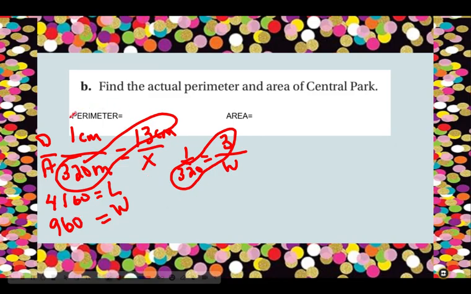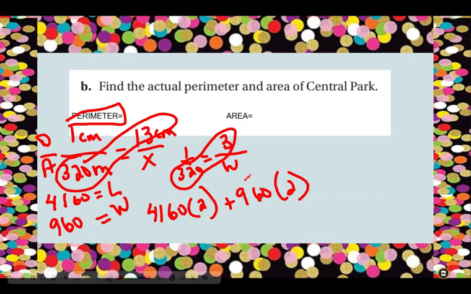Once again, to find the perimeter, we take 4,160 times 2 plus 960 times 2. That gave me an answer of 10,240 meters. That's the perimeter of the park, 10,240 meters on the outside of the park.